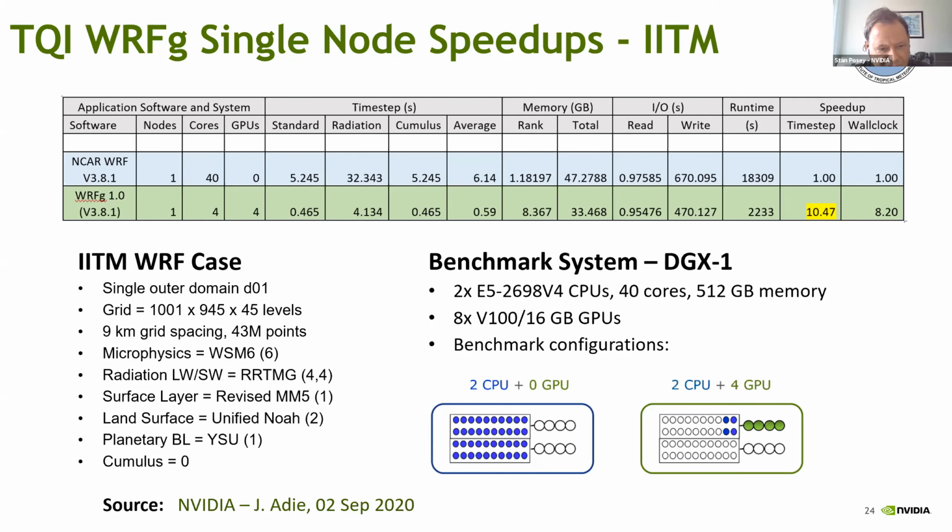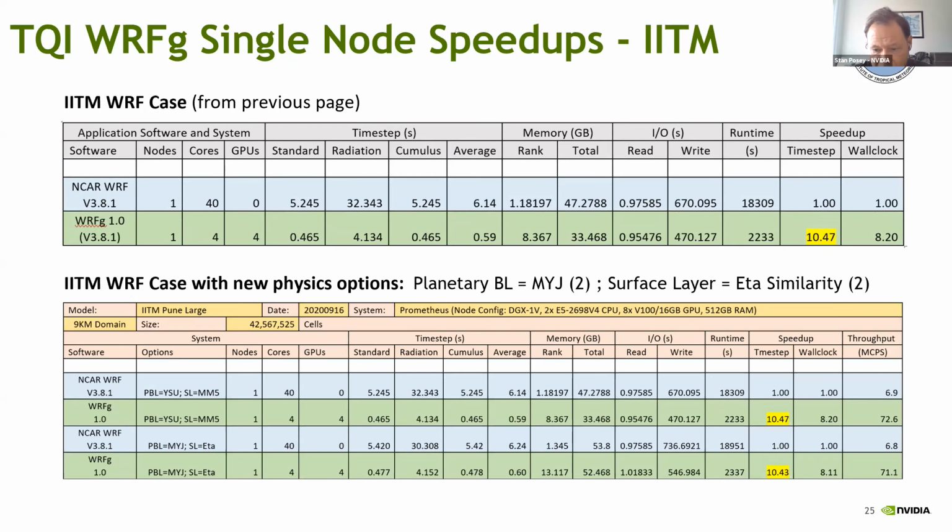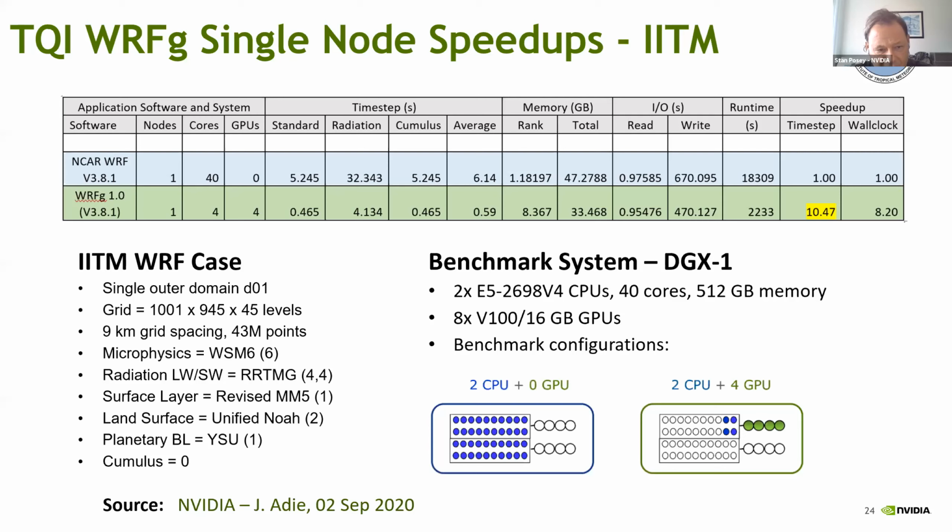It was a very interesting study because they were actually using the new CONUS physics suite in WRF. And if you notice, here we use for surface layer revised MM5 and for planetary boundary layer YSU, we had made those modifications in order to run this fully on the GPU.